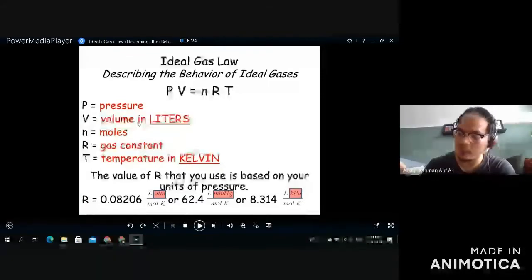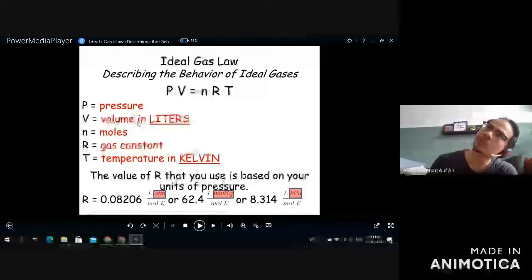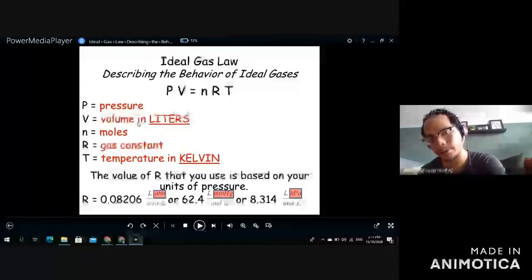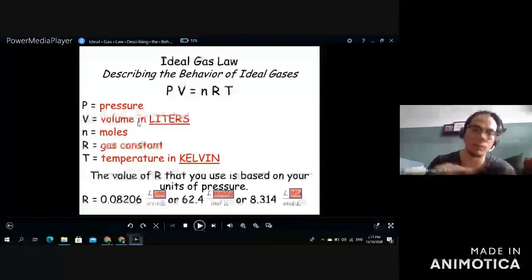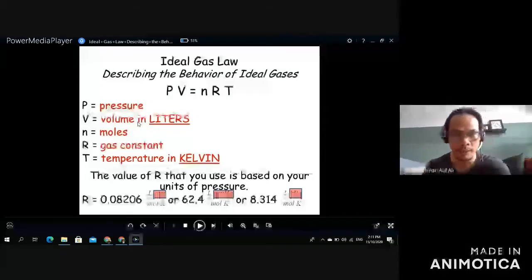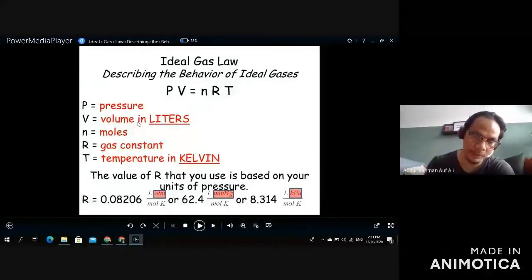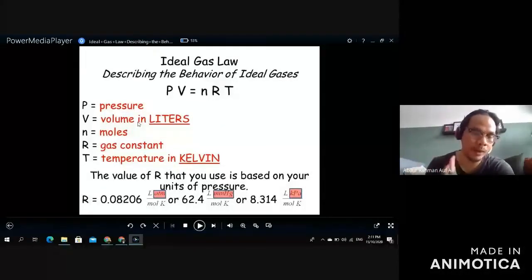So kita also observe that in certain environments pressure will be constant. Contohnya macam dekat permukaan bumi, at sea level. Bila saya cakap sea level, dekat permukaan bumi lah. So the pressure around here, dalam rumah saya sekarang ni, dekat rumah kamu sekarang, dalam bilik kamu is 1 atm, 1 atmospheric pressure. So tak boleh berubah.